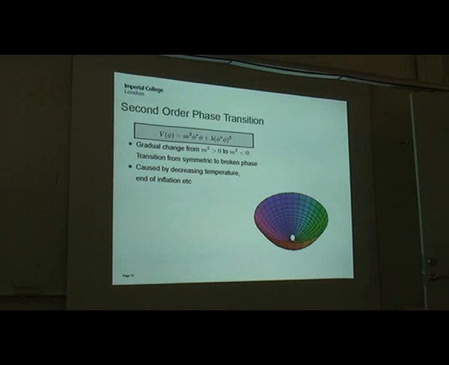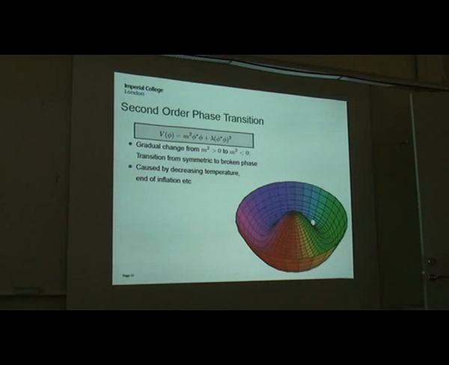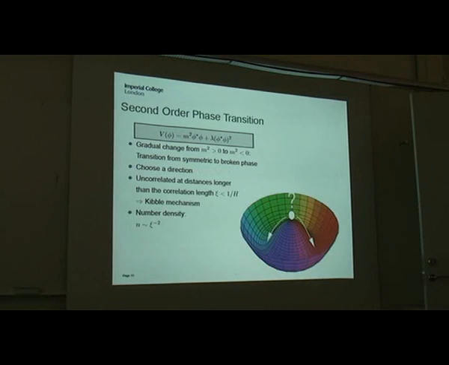The strings also, defects also form in second order phase transitions where you have a gradual change from the symmetric to the broken phase. It could be because of decreasing temperature, or in cosmology, the end of inflation, or some other change in the system, in an experiment changing the pressure. And so basically the potential changes gradually, but the same thing happens.